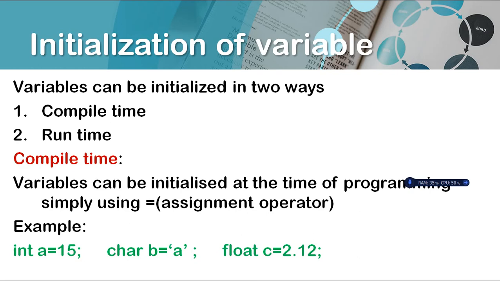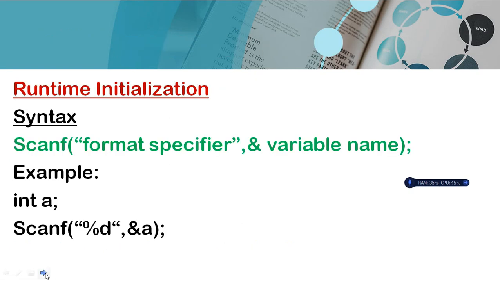Okay. So now, how to initialize variables at runtime. Runtime initialization is nothing but giving values for your variables at the time of execution. When you execute your program, your compiler will ask you to give the values for your variables. Now you can enter those values using your keyboard.